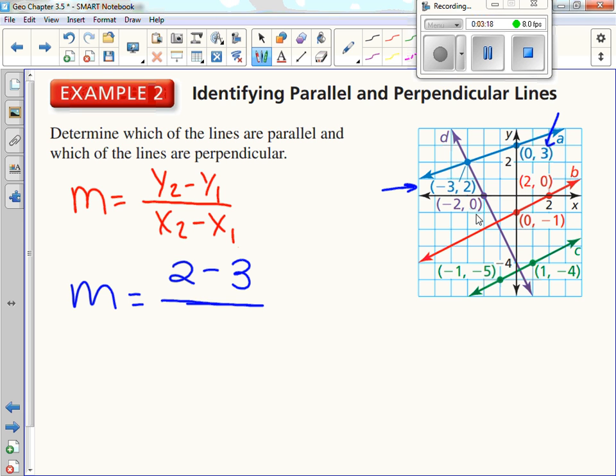So we have a y value of 2 and a y value of 3. I picked 2 first, so 2 minus 3. Now, since I picked the y value of 2 first, its x value has to go first. So it'd be -3 minus 0.